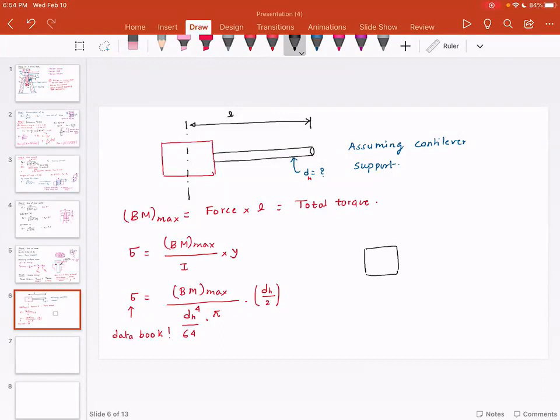So rather than extending the handle only on one side, you could have a potential solution where the handle is going through the head. So this is the head, and you could have a handle that is going through the head.